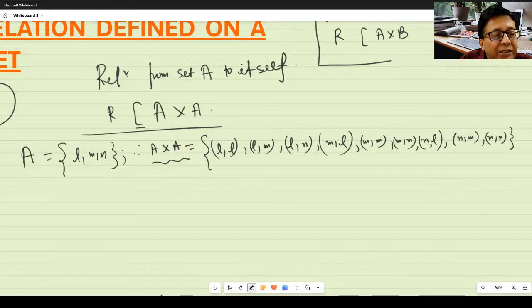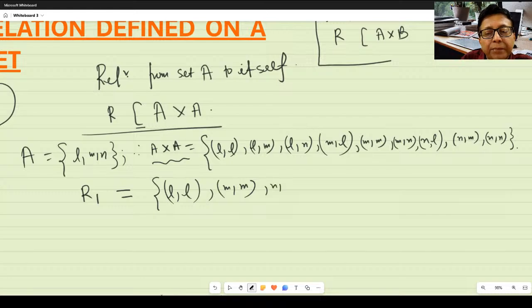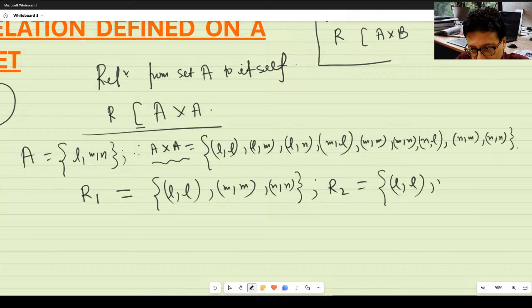If we consider this relation R1, LL, MM, NN, and R2 equal to, say I am writing LL, MM, NN, and taking LN also over there.